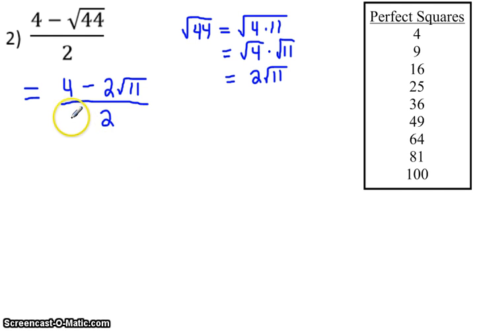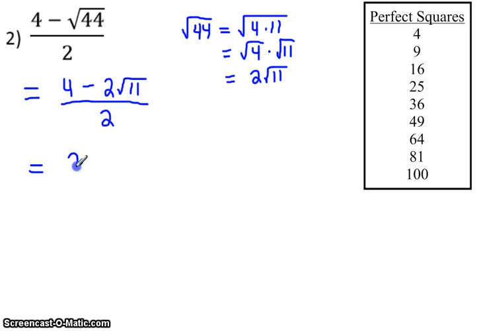Alright, so I look at this and we're in good shape except for the fact that this 2 goes into 4, and it also goes into the 2. So what I'm going to do is factor out the top. And the greatest common factor between 4 and 2 square roots of 11 is a 2.